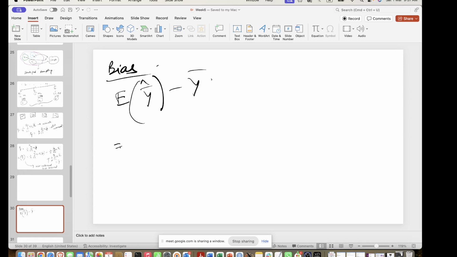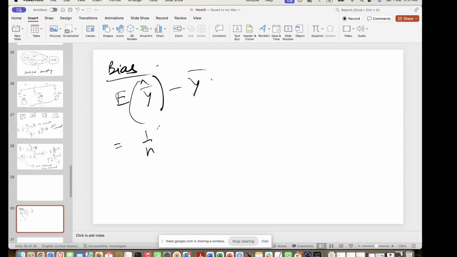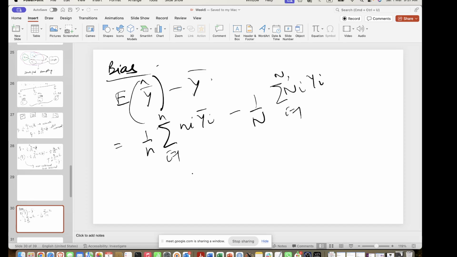So we had that expectation of y bar hat is 1 by n summation i equal to 1 to n of ni yi bar, minus 1 by n summation of capital Ni Yi bar, i equal to 1 to capital N. Whatever this term comes out to be, that is the bias.